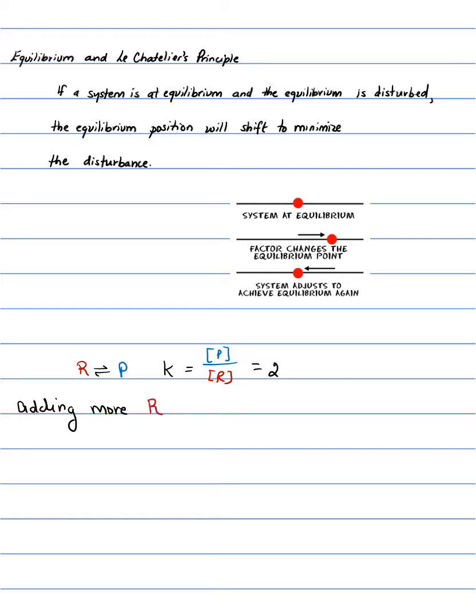You see, if you're adding more reactant, the concentration of your reactant is increasing. So how is that going to affect your equilibrium constant?